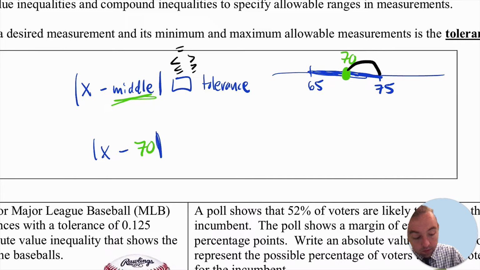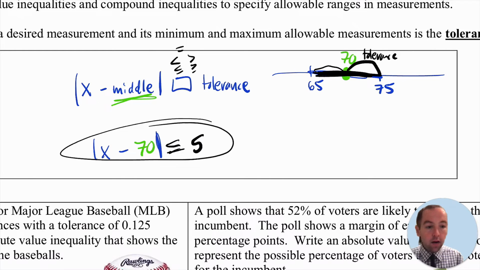So this right here is going to be your tolerance. Your tolerance would be a distance of 5 because you could go plus or minus 5 on either side of the middle. And so what we want is that distance of x minus 70 from 0 to be less than or equal to 5, because you're within a certain distance right there. And so this would model what's going on.